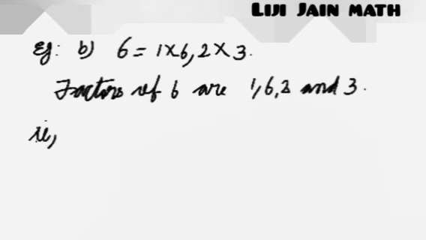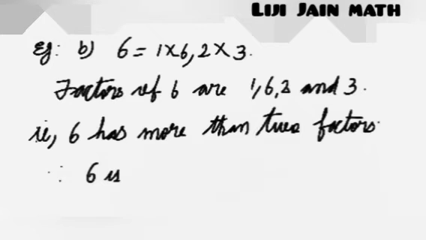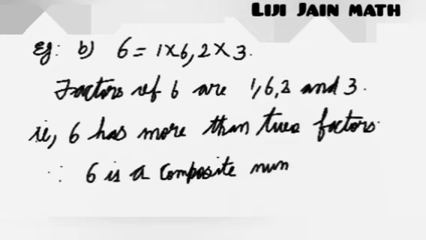So 6 has more than 2 factors. If a number has more than 2 factors, such a number is known as a composite number. Therefore, 6 is a composite number. Very, very important concept.